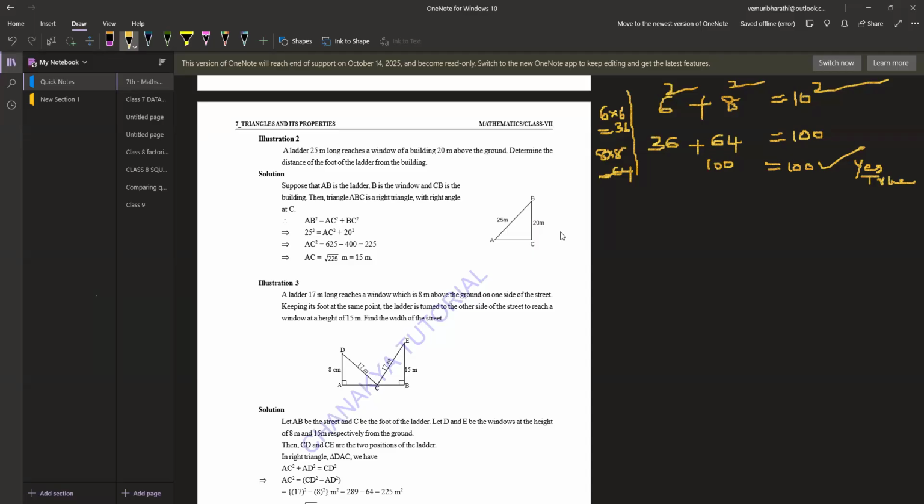How are you supposed to calculate? See, children, they mentioned it very clearly here. See, this part is the ladder.